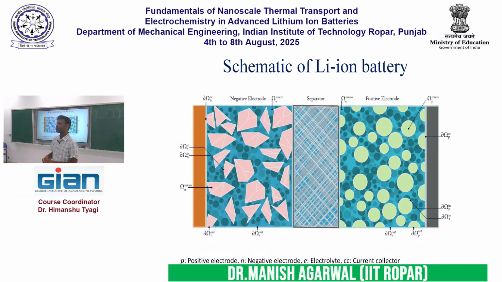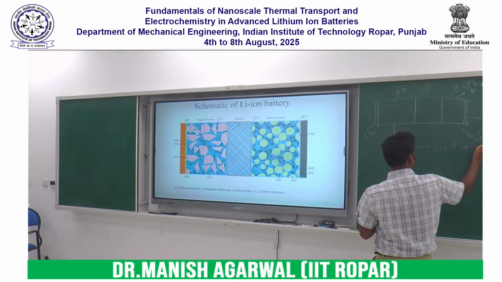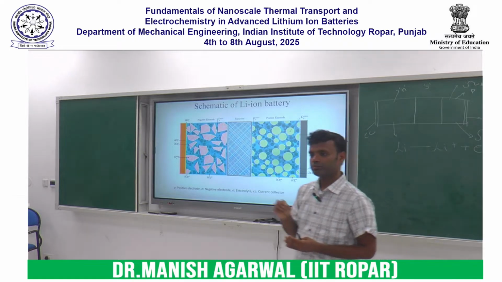So what are the reactions that are happening? In case of discharging, let's say the battery is fully charged. Where is the lithium? If the battery is fully charged, all the lithium is here. Now you are discharging the battery. Lithium here is getting broken into Li plus and electron.